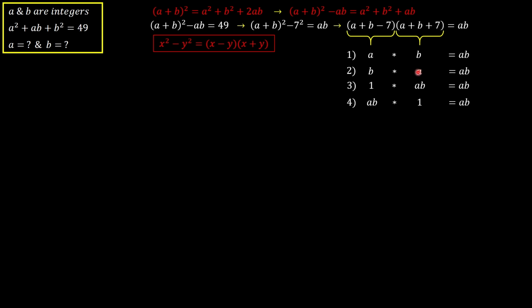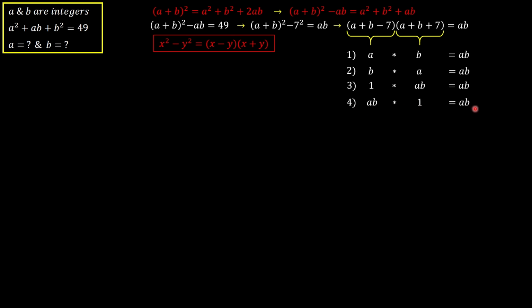And again, if we multiply them, we'll get ab. The third solution, if the first bracket equals 1 and the second bracket equals ab. And if we multiply them, we'll get ab. And the fourth solution, the first bracket equals ab and the second bracket equals 1. And again, if we multiply them, we'll get ab.